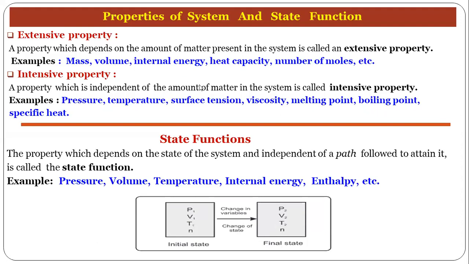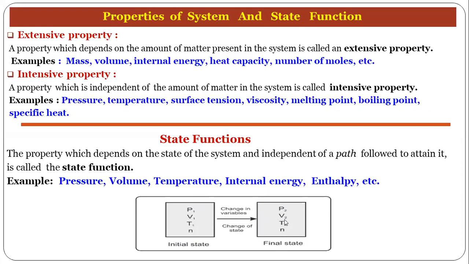So remember this property. Then I also explained the state function. What is meant by state functions? State functions depend upon the state of the system. If the state of the system changes, the properties will also change. See, this is the initial state, and this is the final state. In the initial state, the pressure is P1, volume is V1, temperature is T1. And in the final state, we can clearly see the pressure is changed.